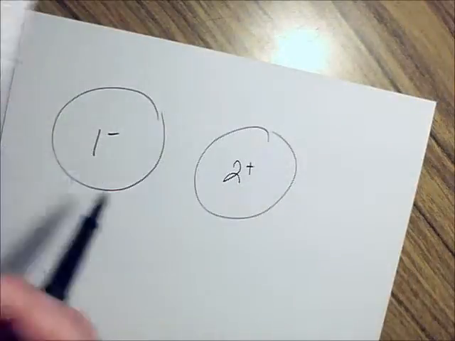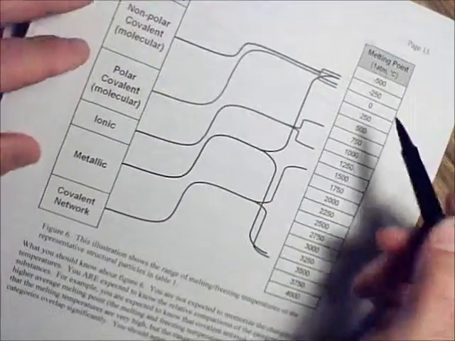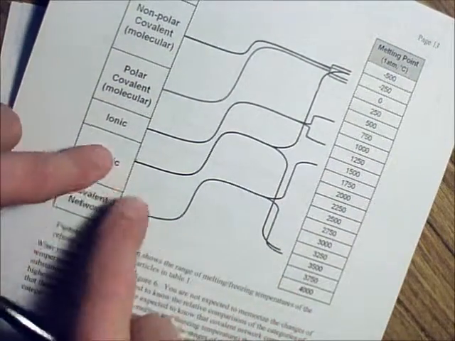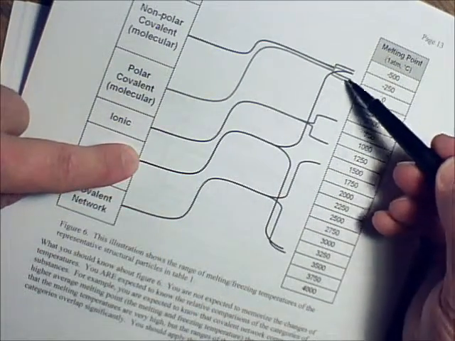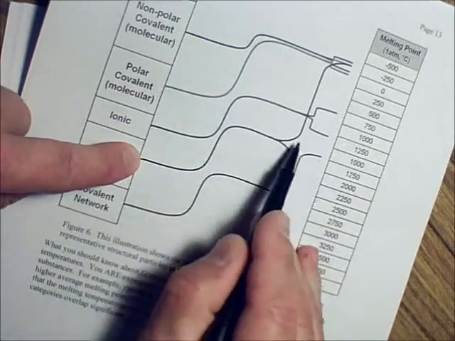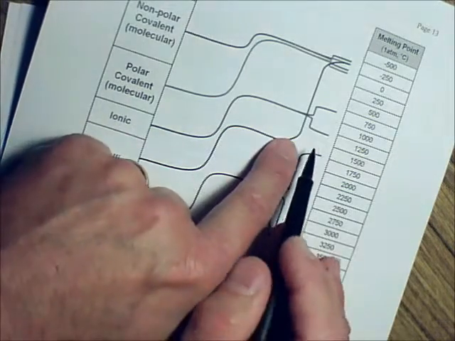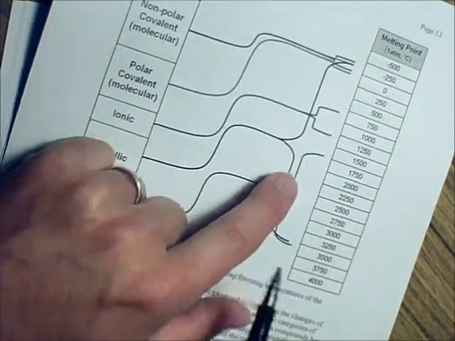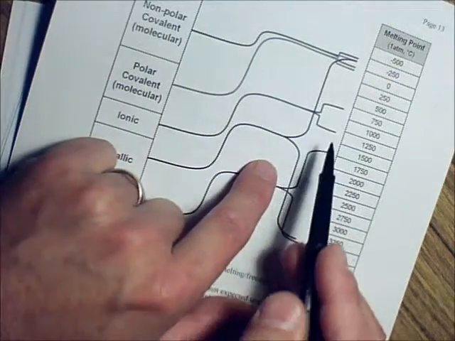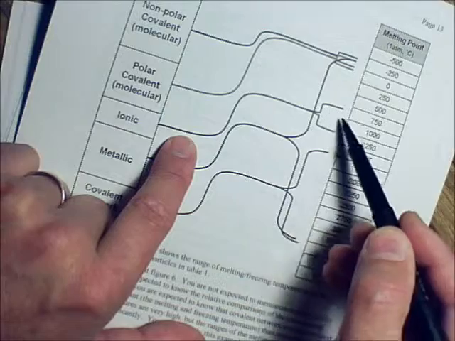And to help you visualize that, I have these graphs over here, or these charts, that show the melting point here, where the metallic range is huge. But on the average, metallic is higher. It's harder to pull them apart on the whole, on the average, than most ionic substances. Okay? Ionic substances go right here.